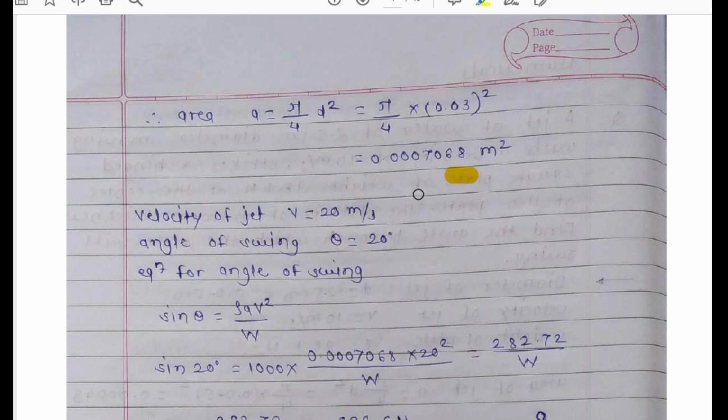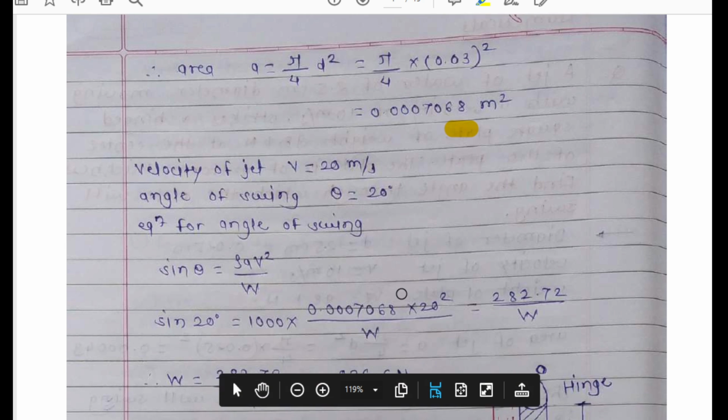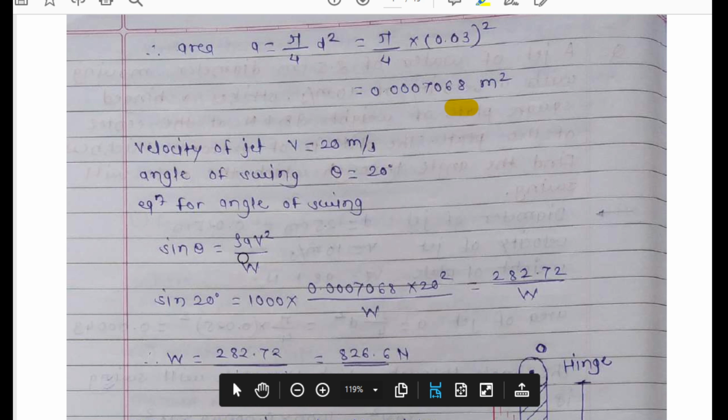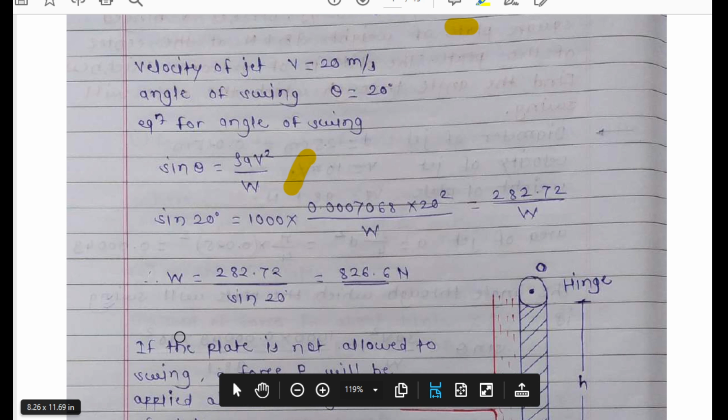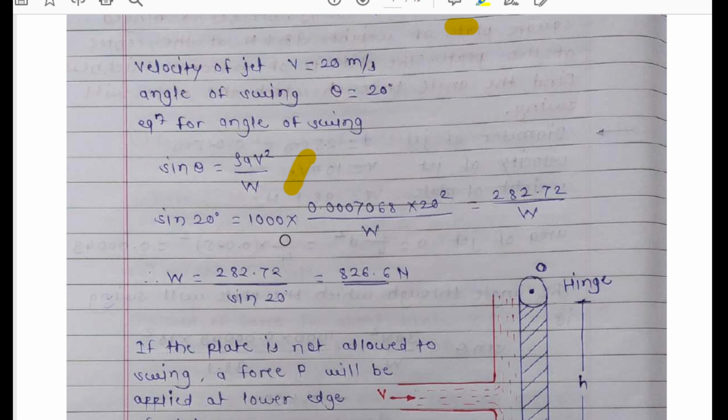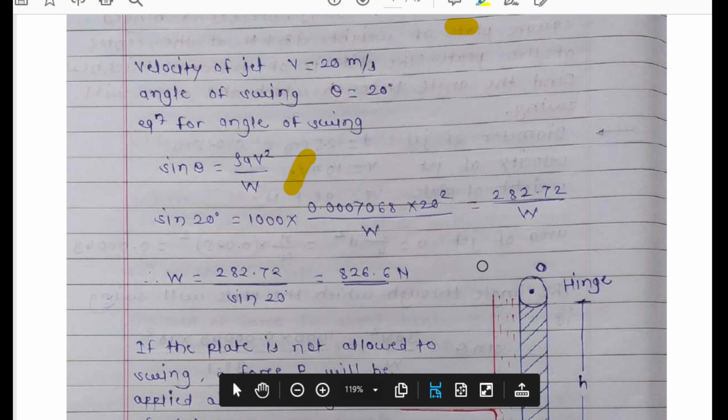Area value we have calculated, velocity and angle of swing are given. Put all these quantities in the formula, and by simple mathematical calculations we can get the value of w as 826.6 newtons. As all the quantities are in meters per second, the final value of w will be in newtons.